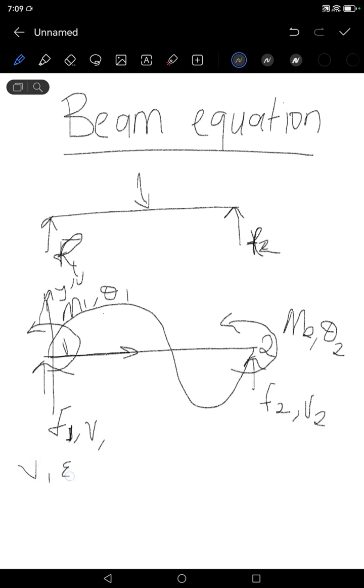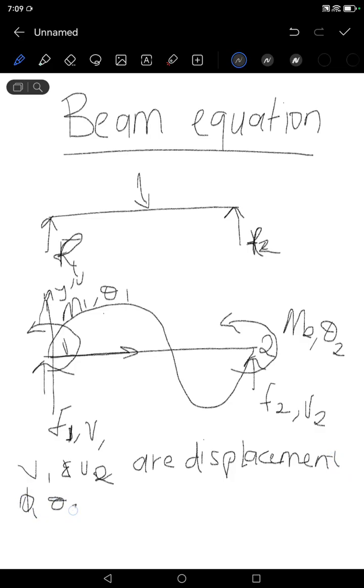V1 and V2, what do we call them? They are displacements. And theta 1 and theta 2 are rotations.